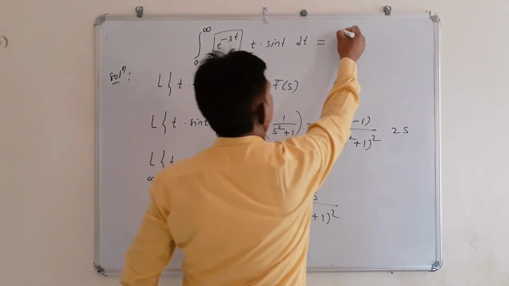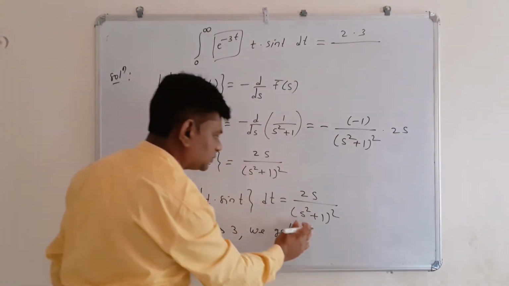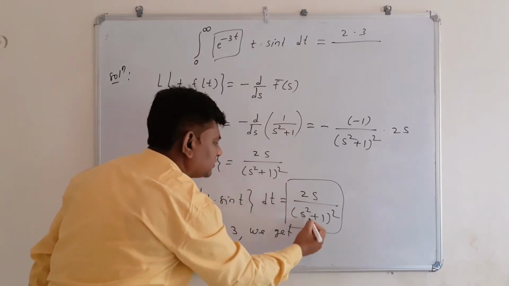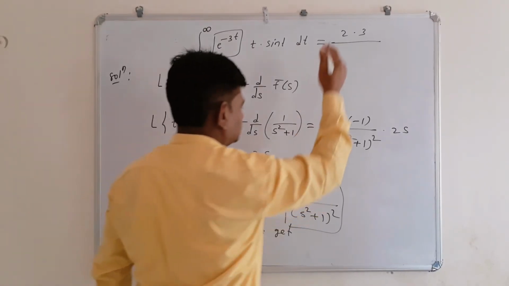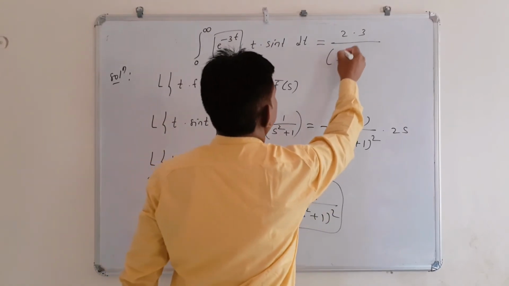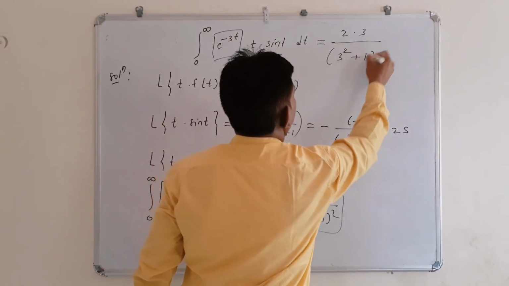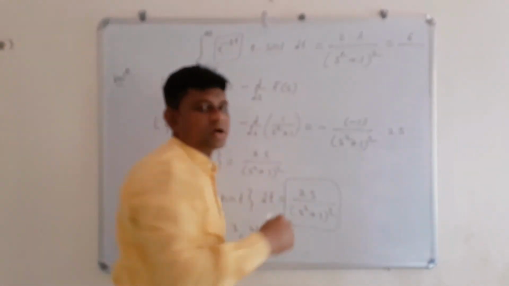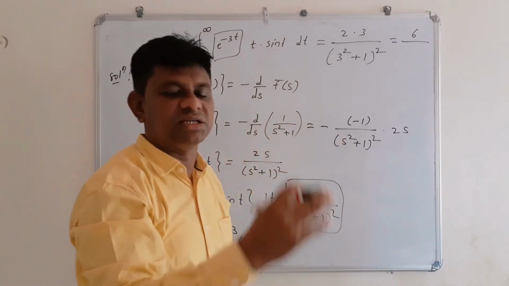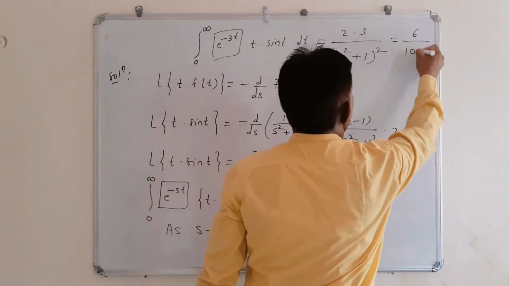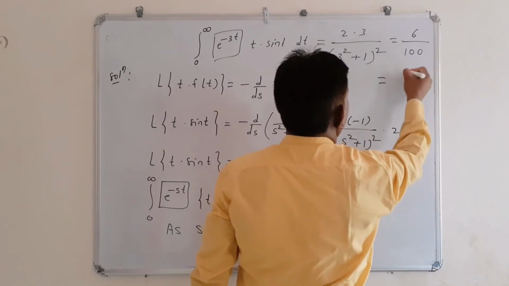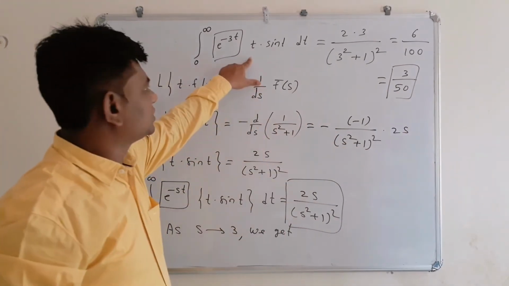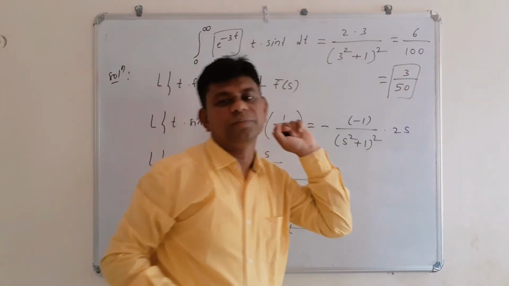By substituting s equal to 3, we get 2 times 3 upon 3 square plus 1 whole square. This is equal to 2 times 3 means 6, and 3 square means 9, 9 plus 1 means 10, 10 square means 100. And this is equal to 3 upon 50. So therefore this given integral is equal to 3 upon 50.